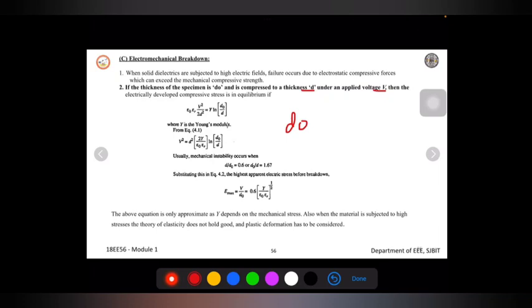Usually the ratio of specimen thickness to compressed thickness will be 1.67. The maximum electric stress before breakdown is given by E max, which is V divided by D naught, or equal to 0.6 into Y divided by epsilon naught epsilon r, to the power of 1 by 2.